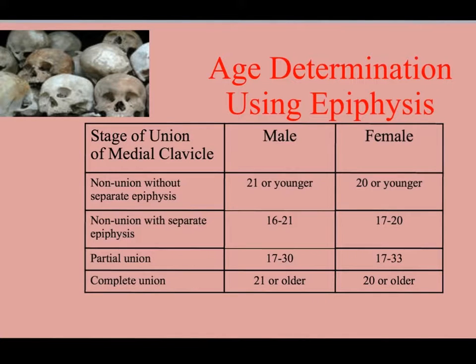Now, as we look at this, if we look at further separation, we can even estimate the age as being younger. If we have partial separation, you'll notice that the age range becomes a larger gap. And if we have a complete union, this will just tell us that we have someone that is over 20 or 21 years of age.